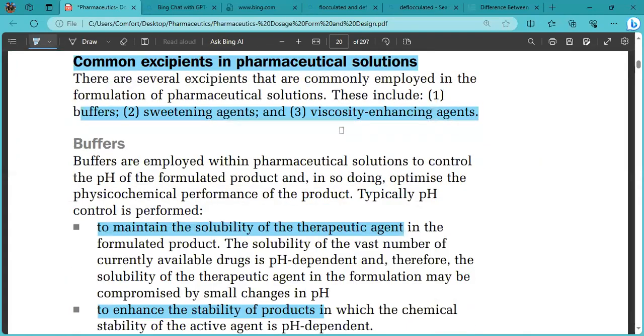Here it gives a more in-depth review of these excipients that I mentioned before.